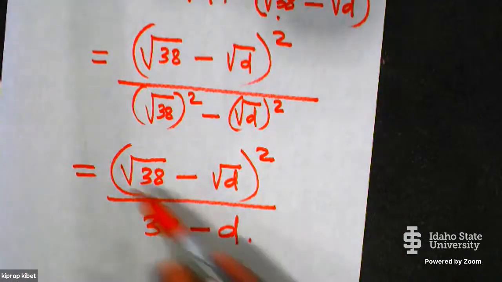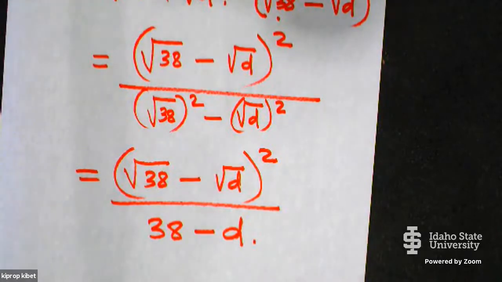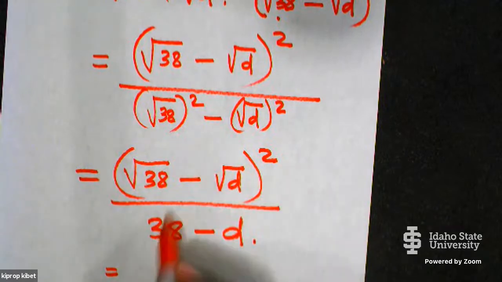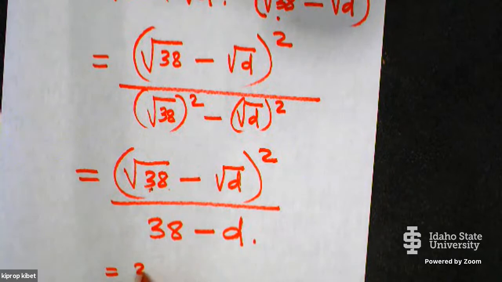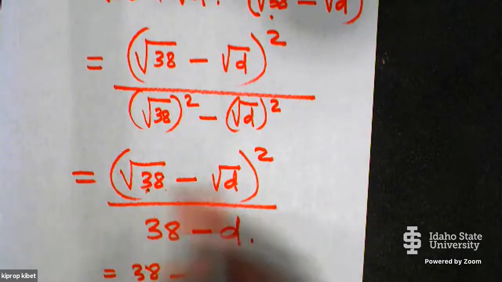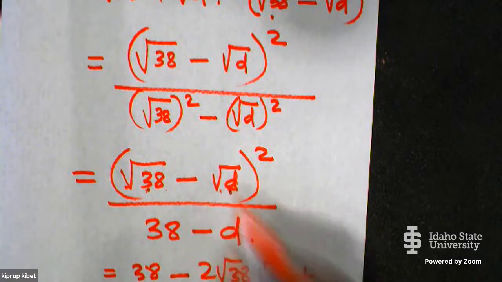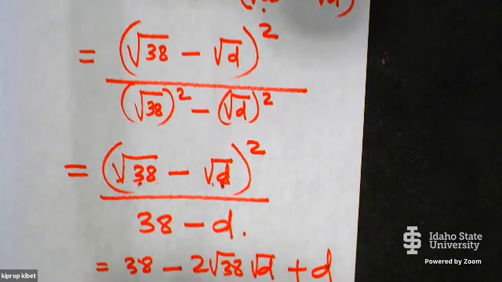But if you want to simplify, then when you square this, it will be 38, minus twice the root of 38 and the root of d, plus d, all over 38 minus d.